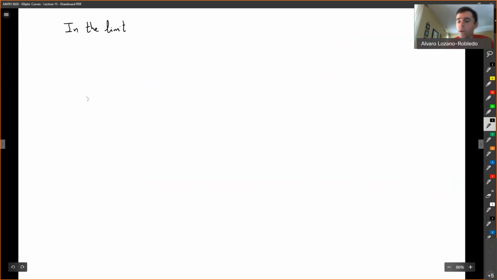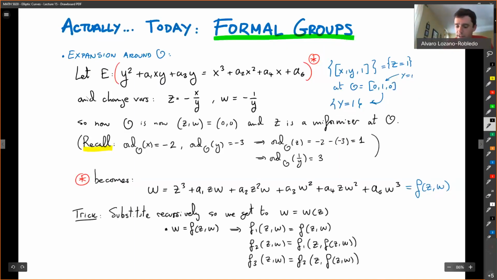But what is going to happen is that I'm going to get that W is a power series. It actually is going to start with Z cubed. When I substitute in the entire power series for W here, this term is going to have a Z to the fourth, this a Z to the fifth, this a Z to the sixth, this is going to be Z to the seventh, this is going to have a Z to the ninth.